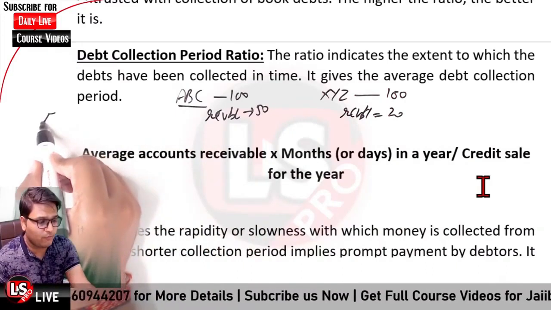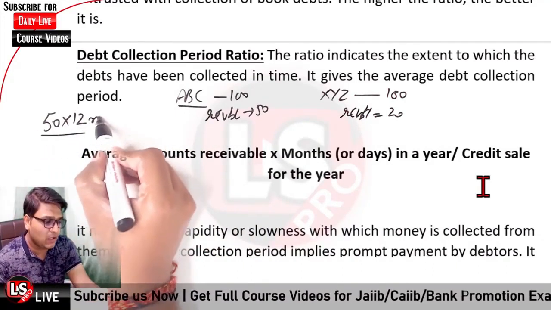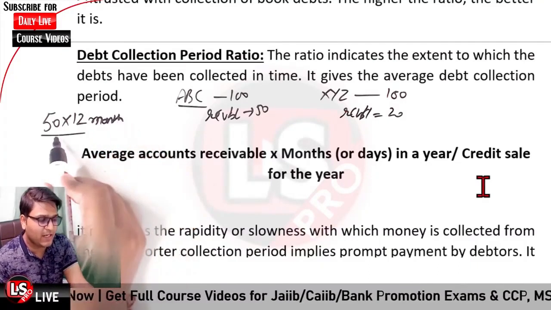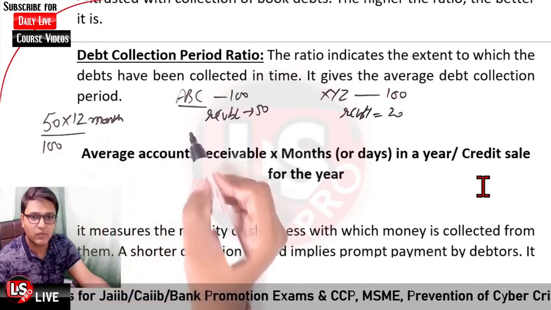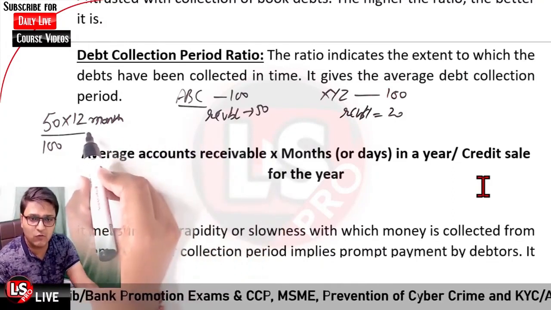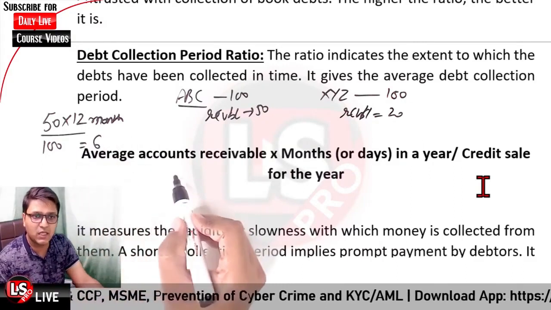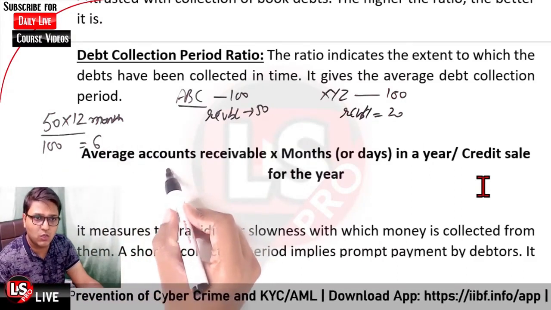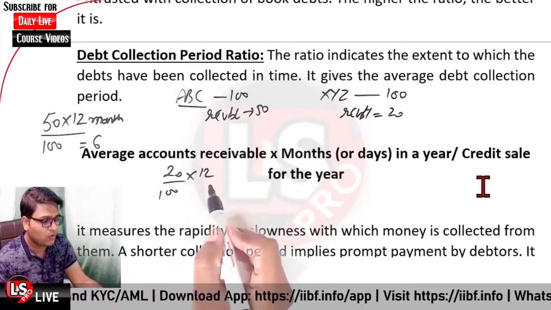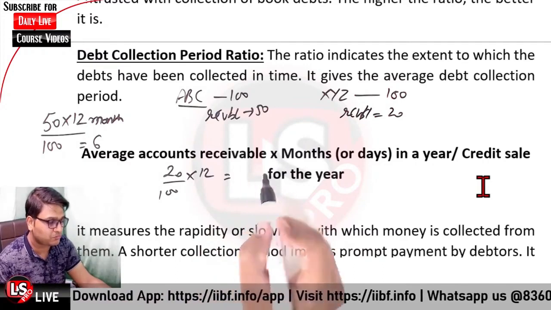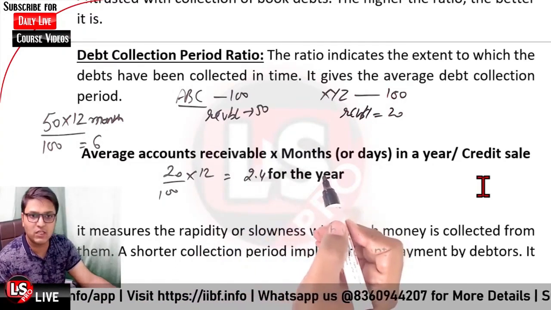If I want to calculate in months, it will be 50 into 12 divided by the credit sales for the year, which is 100 here. So in the case of ABC, it would be equal to 6. In the case of XYZ, it would be 20 divided by 100 into 12, which is 12 by 5, that is 2.4.